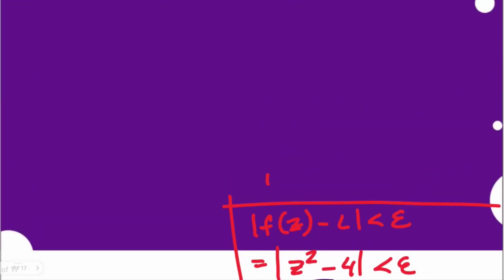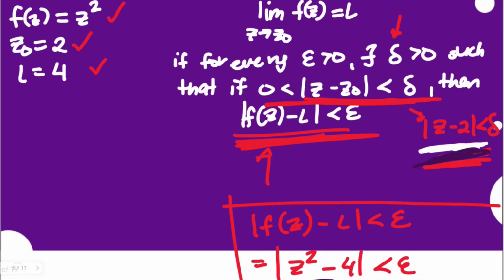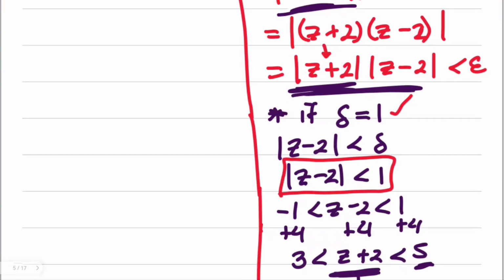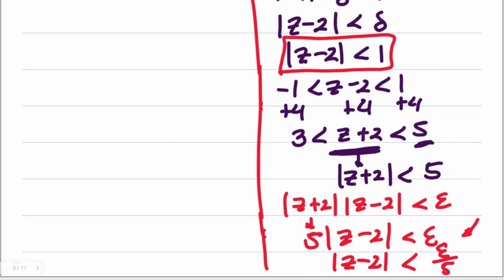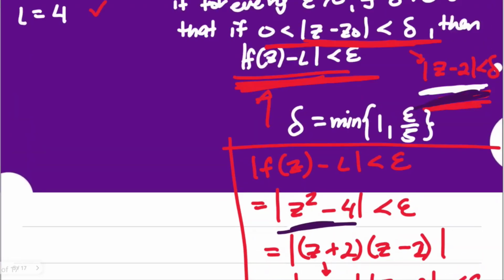So our delta could be the minimum of 1 and epsilon over 5. If you use 1, then it satisfies the value of epsilon over 5. So with that, we're just going to use epsilon over 5 because it's the resulting value once we applied our value for delta, which is equal to 1.